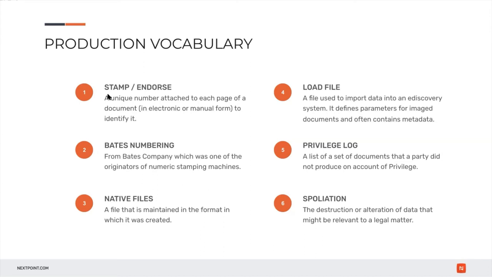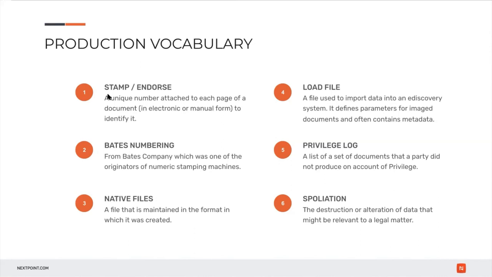Privilege log. We talked about a list of the set of documents that a party did not produce on account of privilege. Spoliation is the destruction or alteration of data that might be relevant to a legal matter. Spoliation just doesn't sound good, and it's not something that you're supposed to be doing.